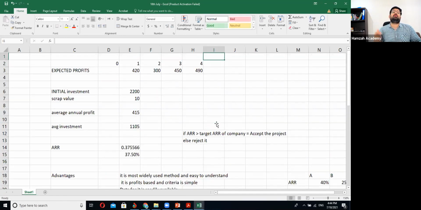Note it down and tell me the payback period of this project. Be quick. I am waiting for your response. Be quick. Tell me its answer.